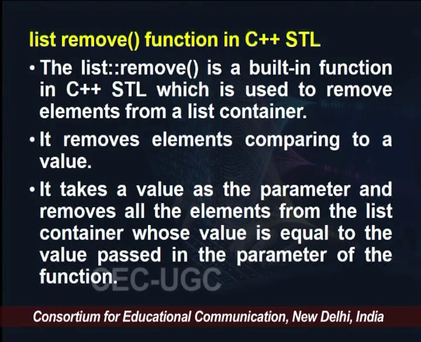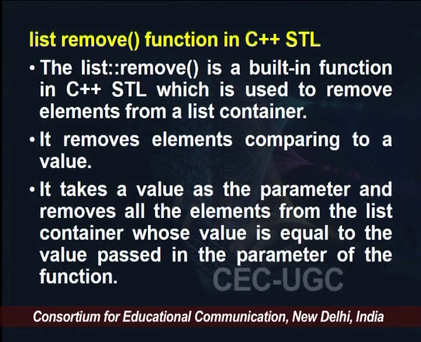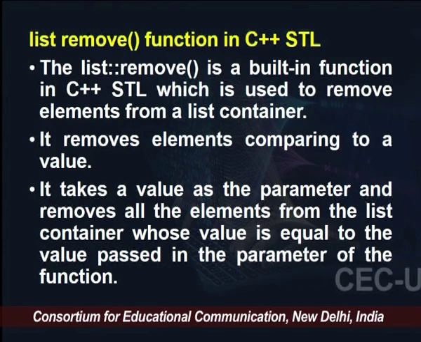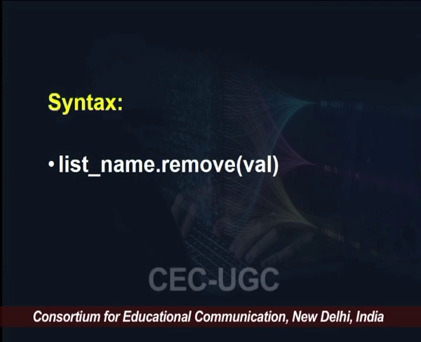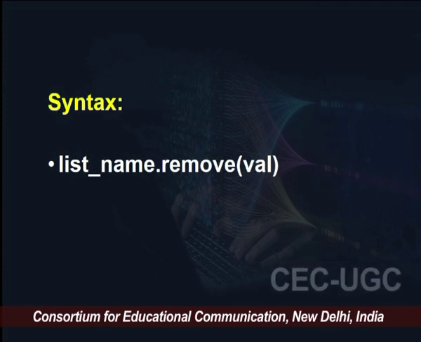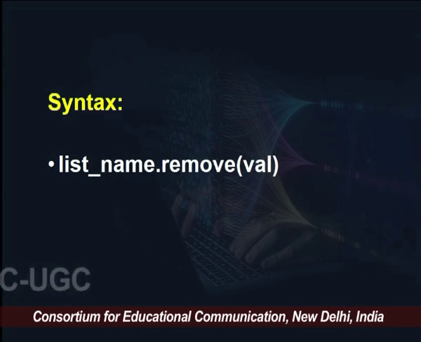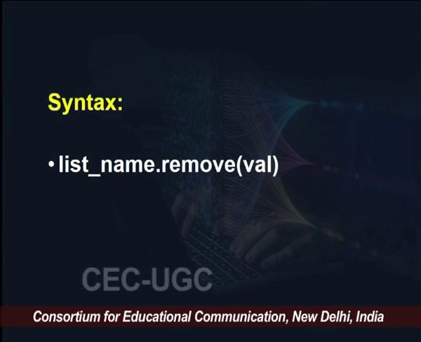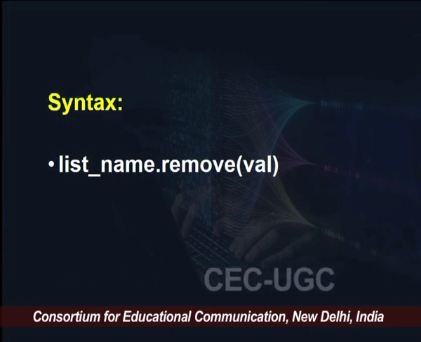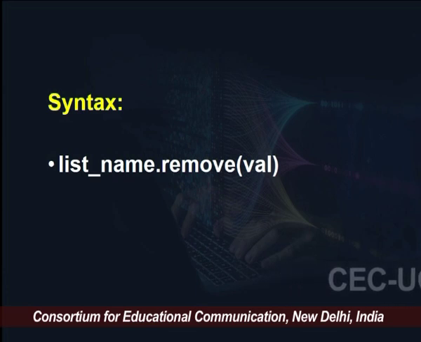So, whatever elements having the value 10 are present in your list, all those will be removed, and the syntax is going to be list_name.remove(value), and here there is no question arising of pointing towards the position. Position is not relevant here, that is not being included.